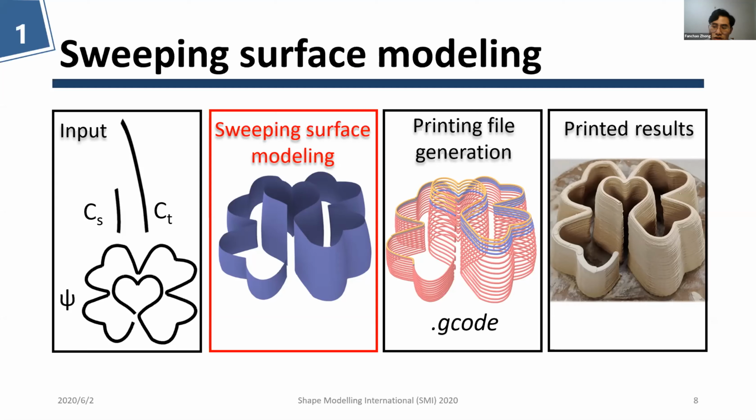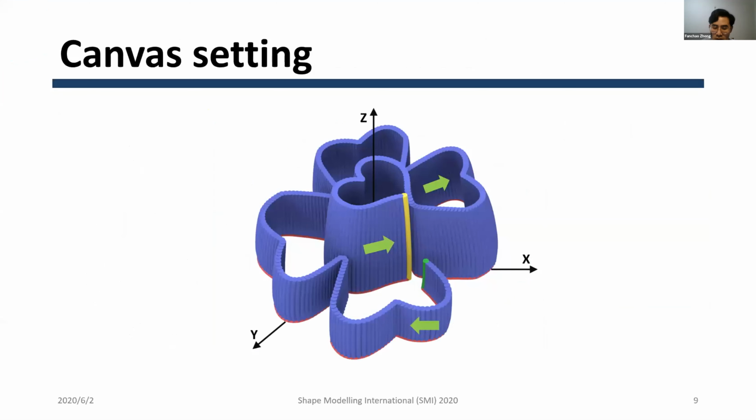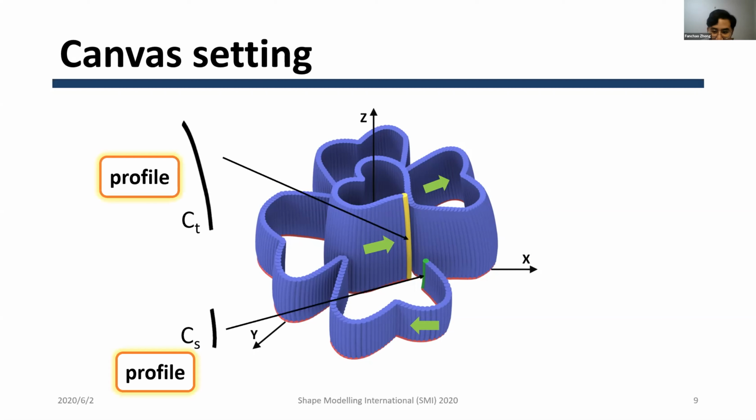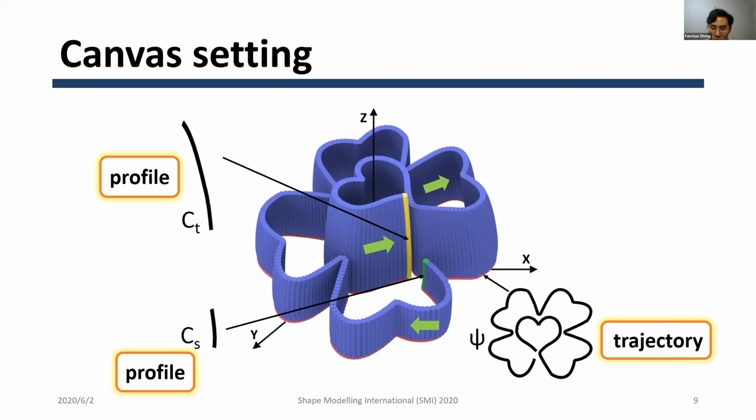First, I will introduce sweeping surface modeling and the problems that need to be solved. The canvas used to draw CS and CT corresponds to a plane across the CSs in the coordinate system. The canvas used to draw phi corresponds to the XOY plane.